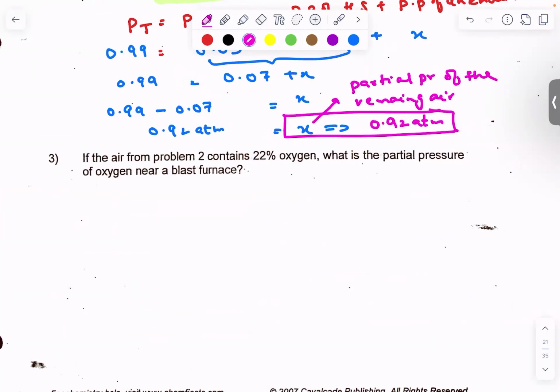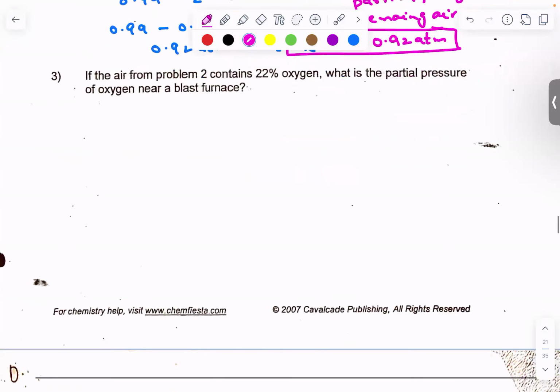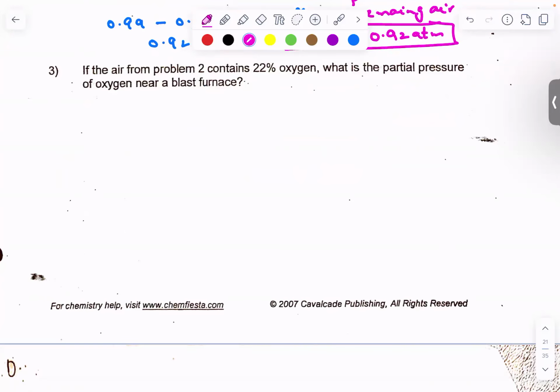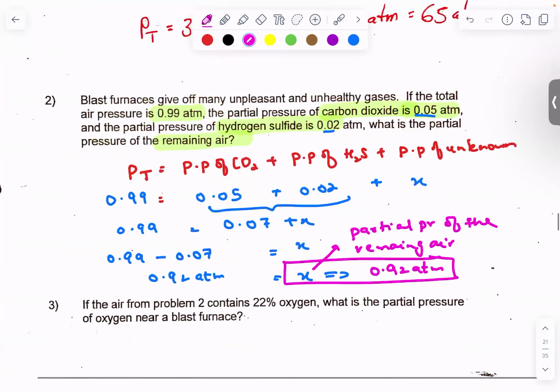Yes. Okay. If the air from problem 2 contains 22% oxygen, what is the partial pressure of oxygen near the blast furnace? Well, it's quite tricky. So the air contains 22% oxygen. Could you scroll up a little bit so I could see the equation one more time?